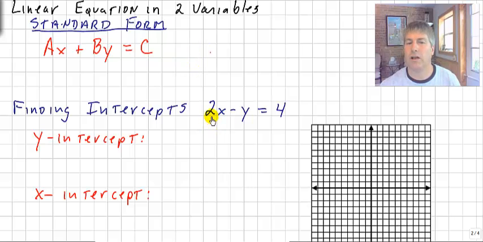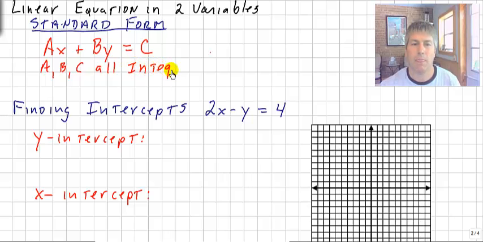So below here I've got something, 2x minus y equals 4. That is in standard form. And we know it's in standard form because A, B, and C are all integers. If A, B, and C are not integers, then we don't have standard form. Okay?